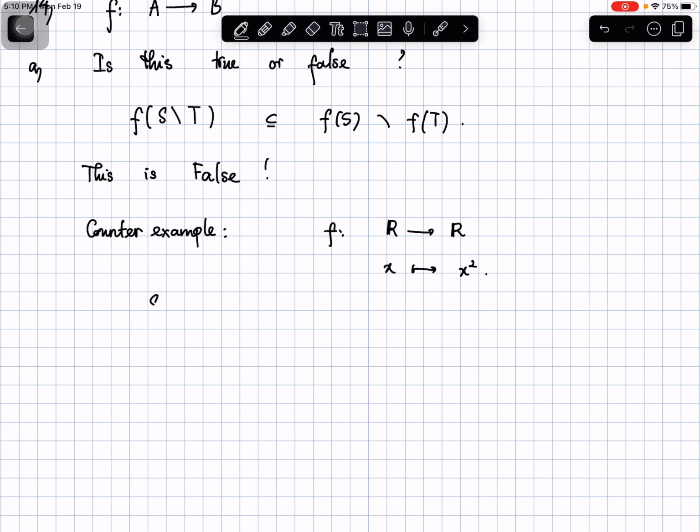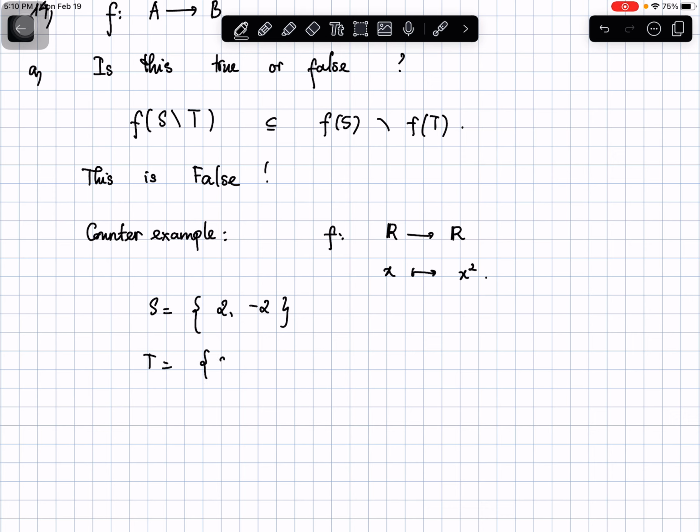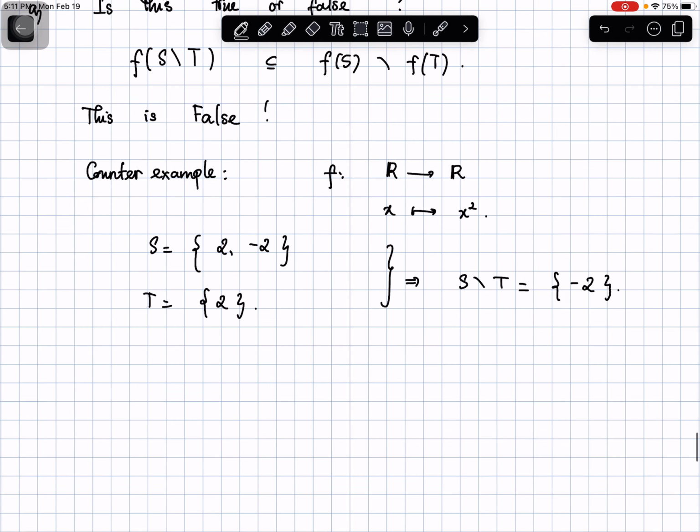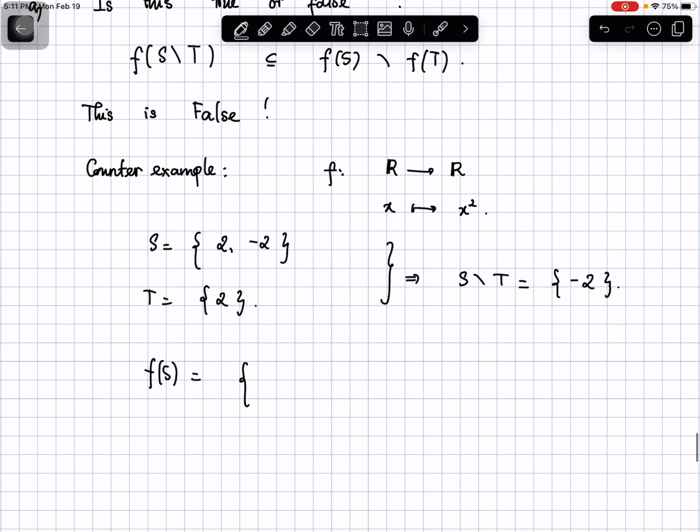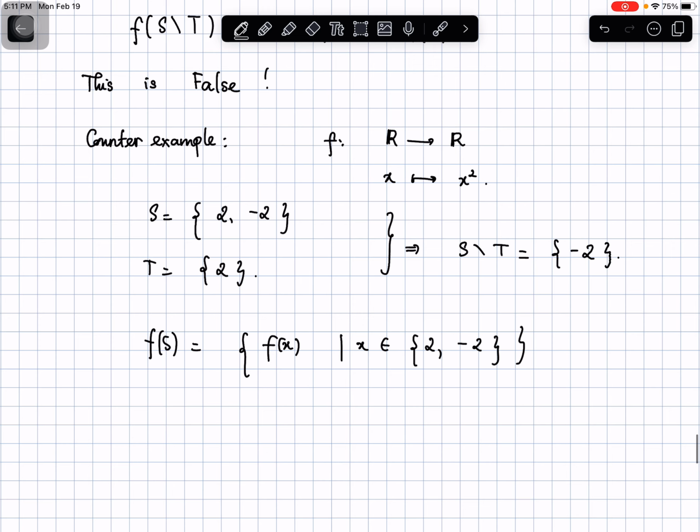We can think of S as the set {2, minus 2}, and T as the set with only 2. Then S minus T is {minus 2}. f(S) is the set of f(x) for x in S, where x is either 2 or minus 2, so this is x squared for x equal to 2 or minus 2. So this is the set {4}. That's all.